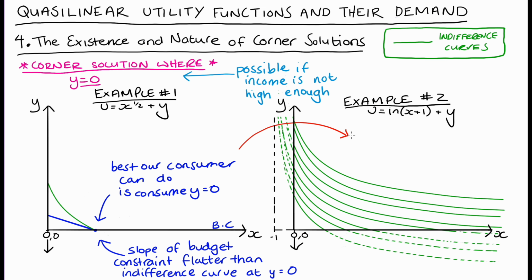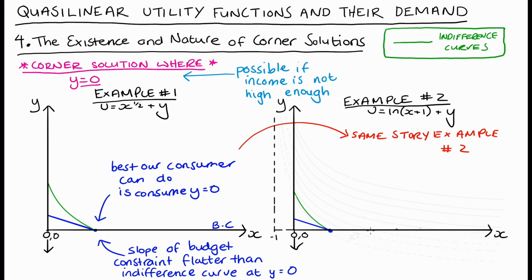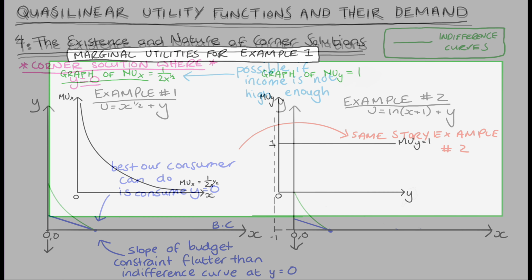And we can see this again in example number 2. This will be common to quasi-linear utility. If we had this budget constraint, so the x associated with the slope of the budget constraint is here. Well, if we reduce our income, eventually we're not going to have enough income to buy that much x. So we are going to have a corner solution. We would spend all of our income on x. We haven't got enough money to reach our interior solution.